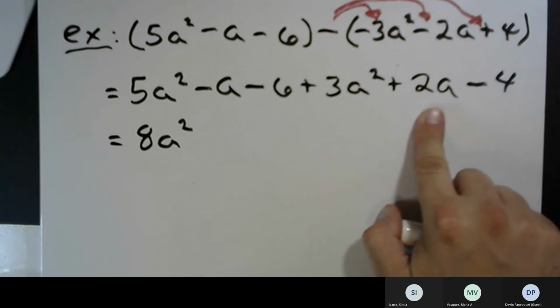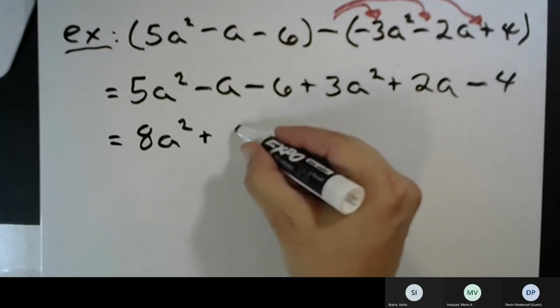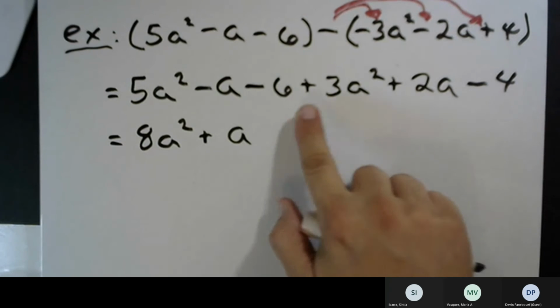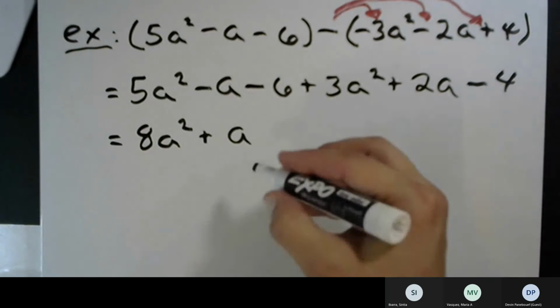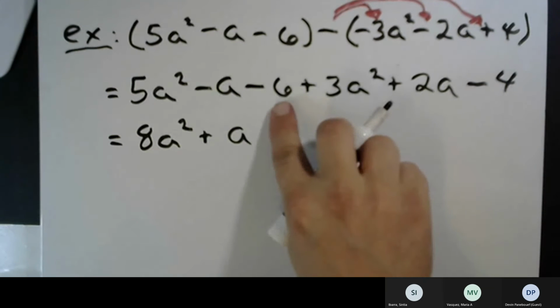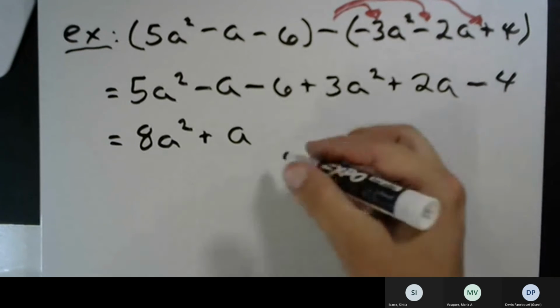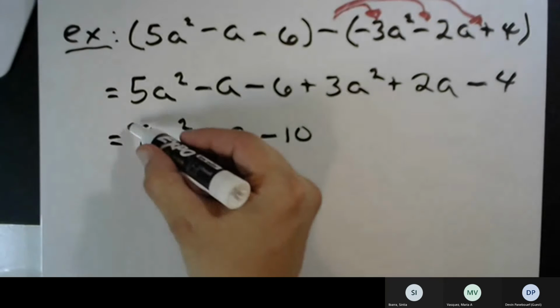You have 2 a's, subtract an a, that leaves you with a single a. Negative 6 minus 4. If you have negative 6 degrees, drop the temperature 4 more degrees, you get negative 10.